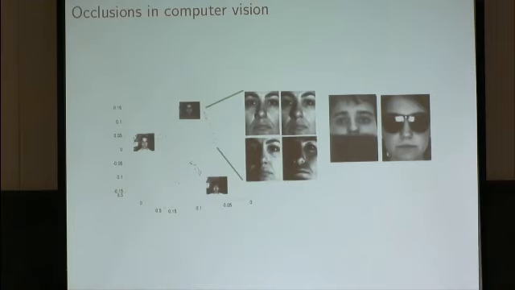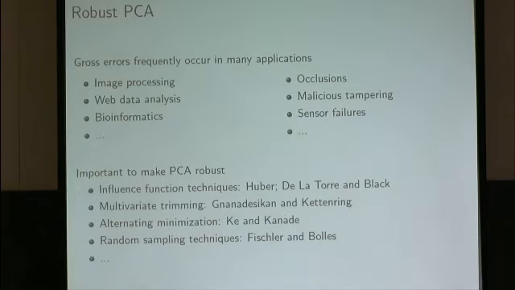But in those data sets, you could have varying illumination conditions, you could have people wearing sunglasses, you have bad things happening, which means that if somebody is wearing sunglasses and you try to project them, they're not going to end up where they need to end up. So in image analysis, we've got enormous errors due to occlusions. In web data analysis, we have to deal with the fact that people tamper with data. In every field that I'm familiar with, we have to deal with sensor failures. Gross errors occur all the time, and that needs to be addressed.